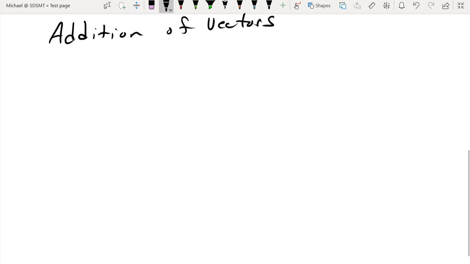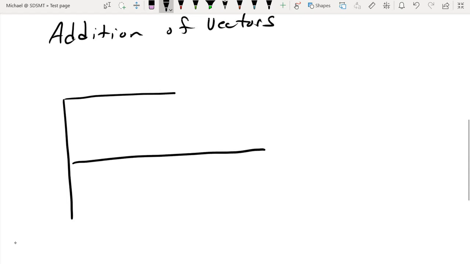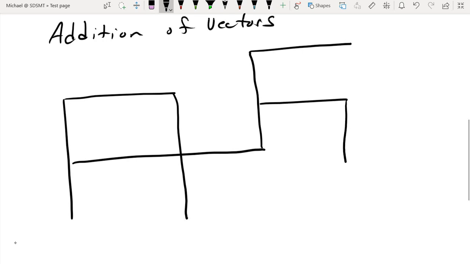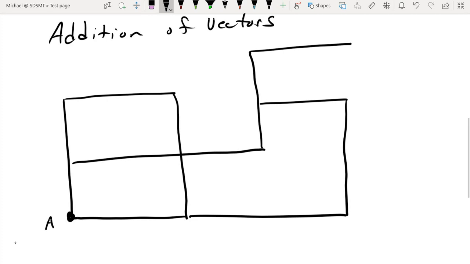So let's take ourselves maybe a couple of roads. And we want to get from point A to point B. And if you need to, you can put in some extra roads wherever you need them to be.